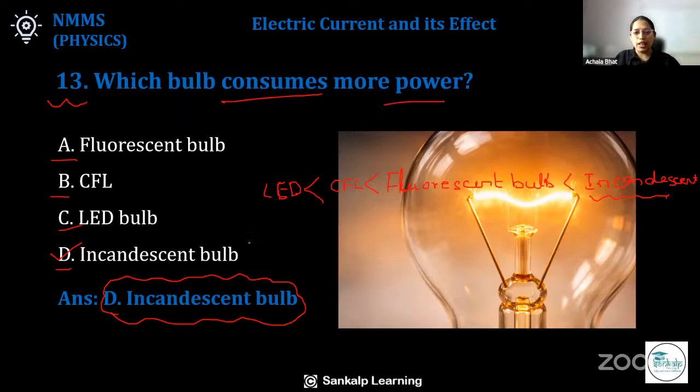See, this LED converts maximum amount of its energy to light. But incandescent bulb consumes more energy, but its efficiency is less, which produces less amount of light. Therefore, the correct option is option D, incandescent bulb, which consumes more power. Thank you.